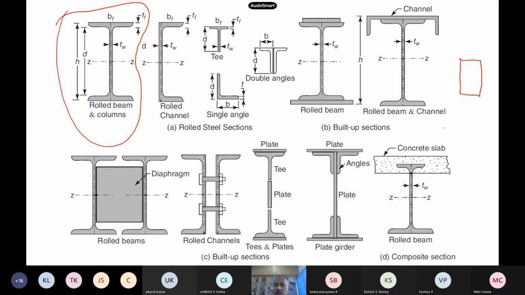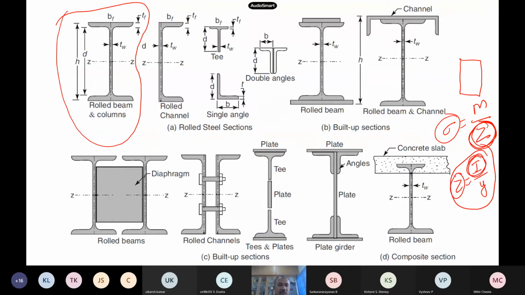You know that bending stress is M by Z, so this matters a lot. If Z is very high, then the stress will be small, and Z depends on moment of inertia, I by y. If the moment of inertia is more, then Z will be more, then stress will be less. That's why these I sections are widely preferred in beams.